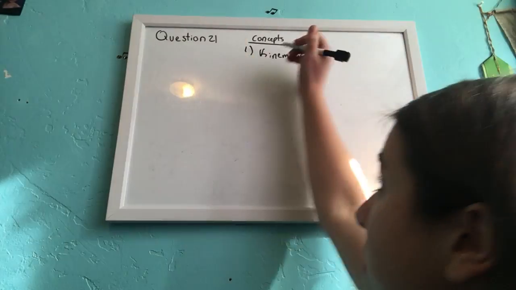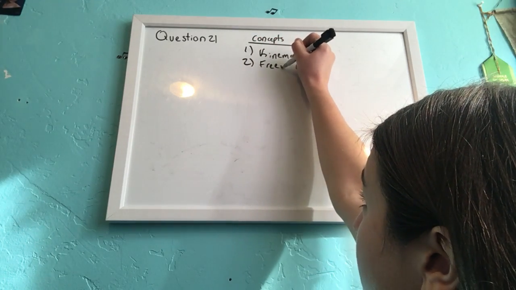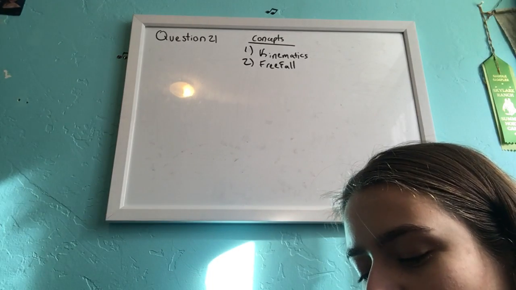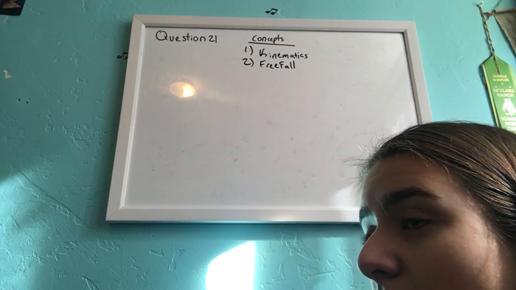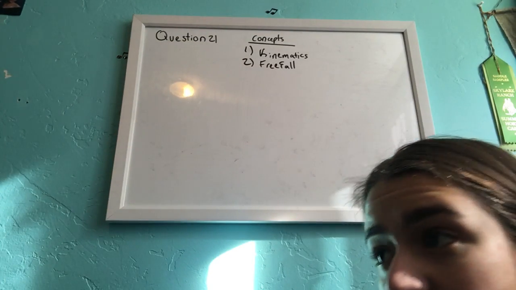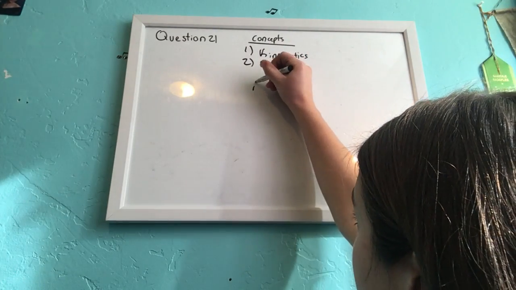The next concept I'm going to go over is when something is in free fall. When an object is in free fall, we have to look at both movement in the x direction and in the y direction. So I'm just going to draw a little picture here.